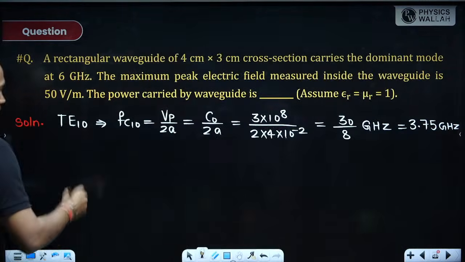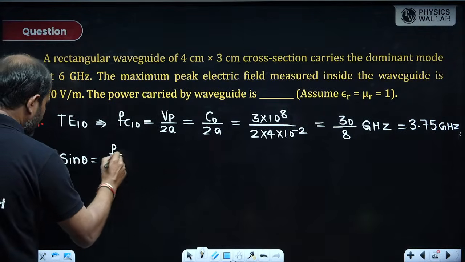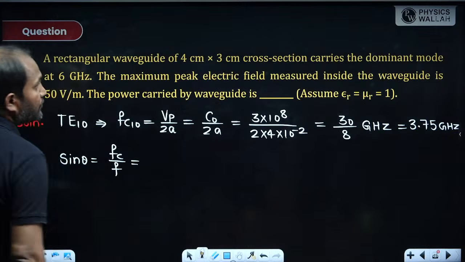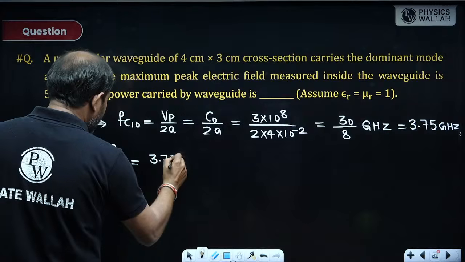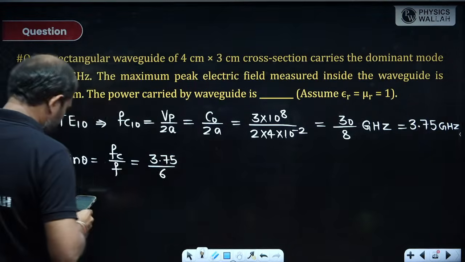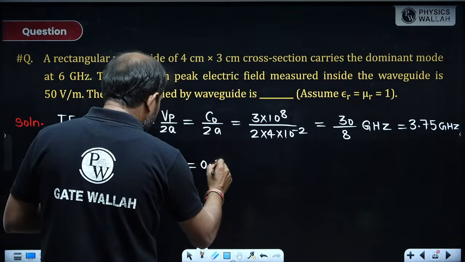Then FC we have calculated. Sin theta is equal to FC upon F. Frequency is given as 6 gigahertz. So 3.75 divided by 6, it will be 0.625.